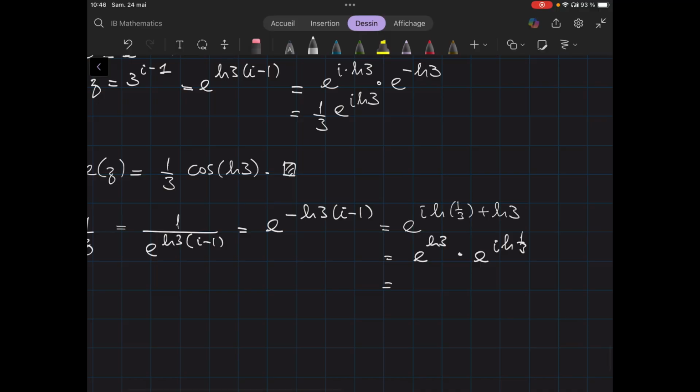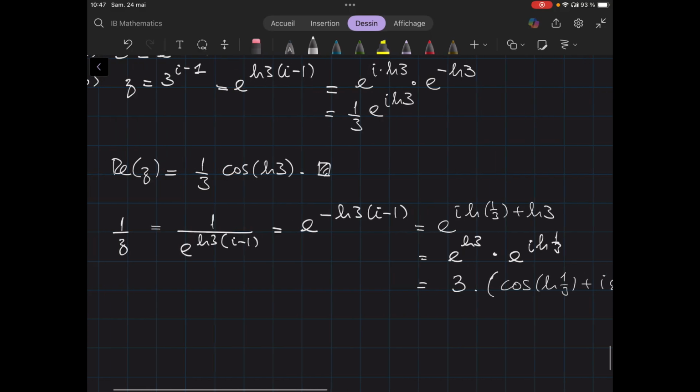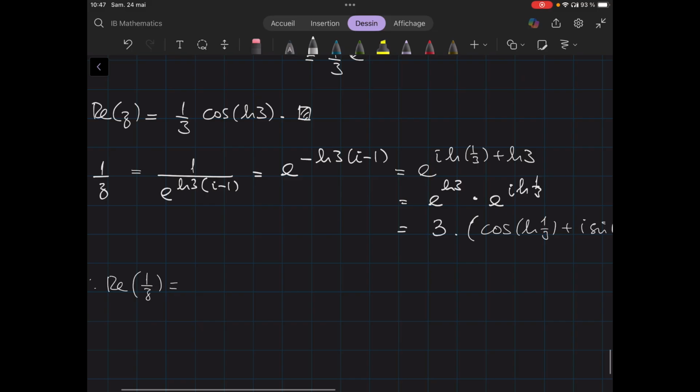E to the ln 3 is simply 3. E to the i ln 1/3 would be cos of ln 1/3 plus i sine of ln 1/3. Thus, the real part of 1 over z is therefore 3 times cos of ln 1/3.